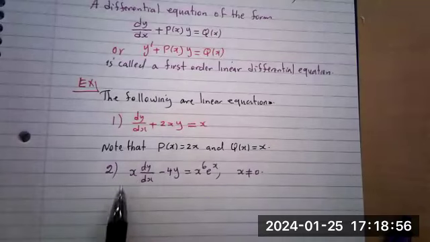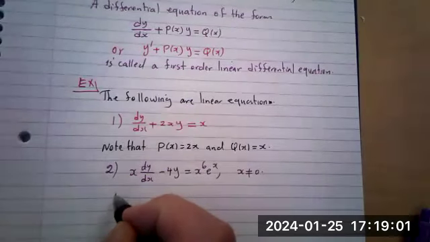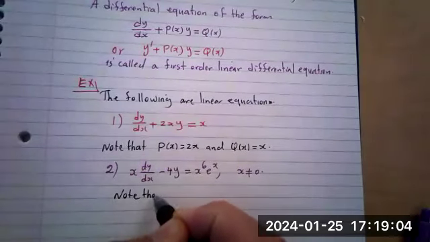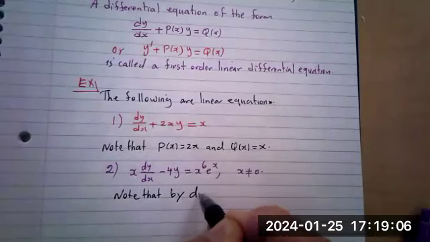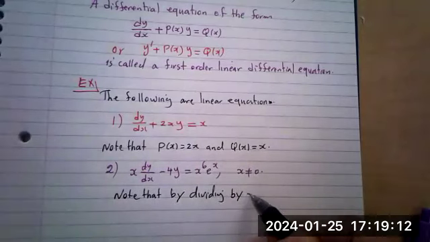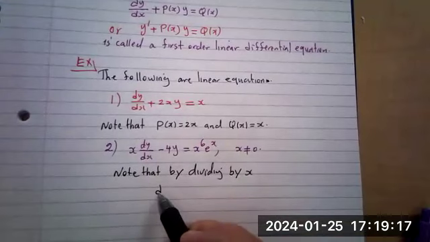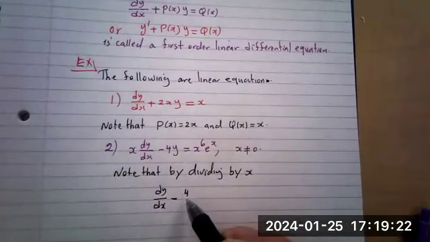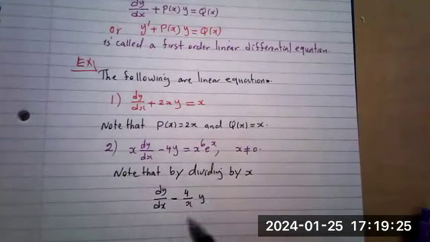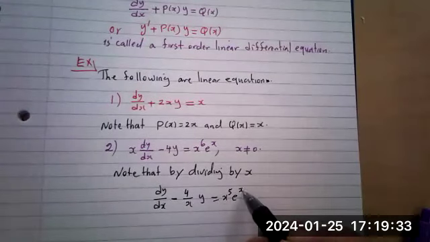Okay, so there is xy prime, if you like, divide. Note that by dividing, because we have to have the standard form, dividing by x, the conclusion is dy/dx minus 4 over x times y equal to, this is x to the 6th, you divide by x, that gives x to the 5th, x to the 5th e to the x.